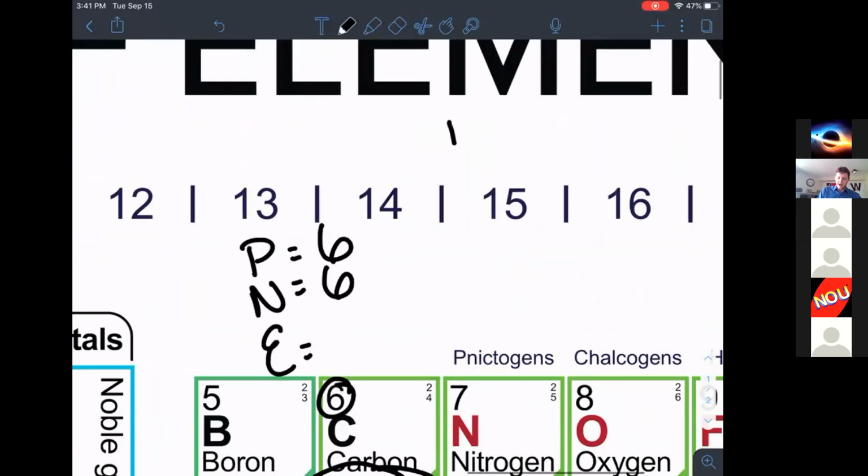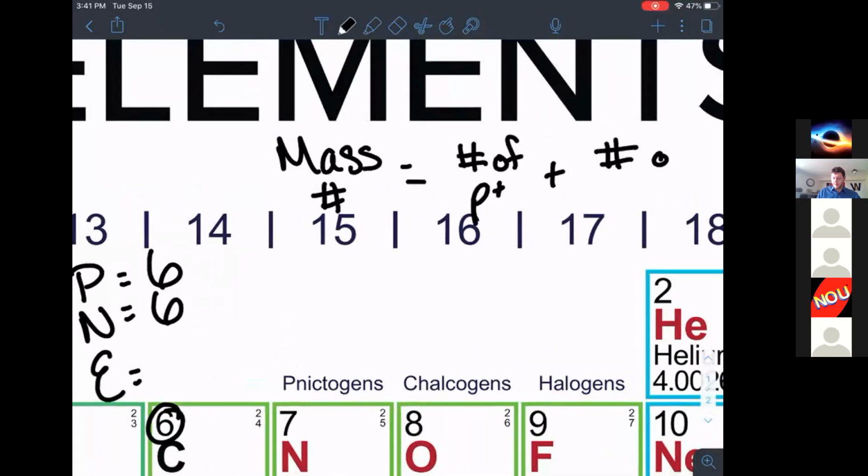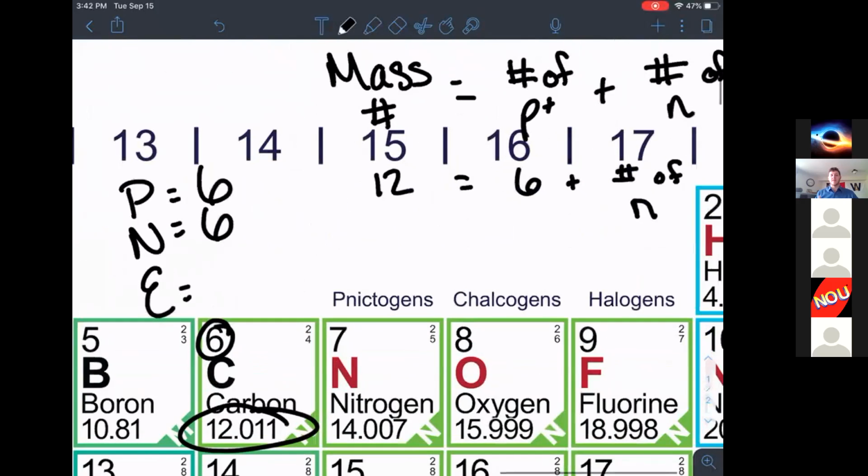And remember, our mass number equals number of protons plus number of neutrons. So if our mass number, when we round it, is 12, so 12 equals 6 plus the number of neutrons. Our number of neutrons will also equal 6.